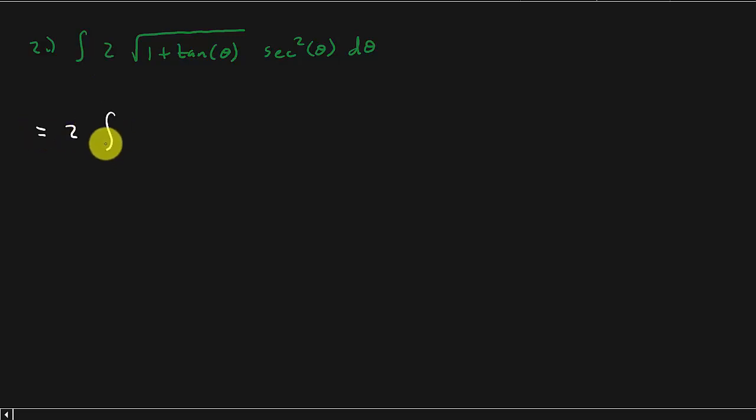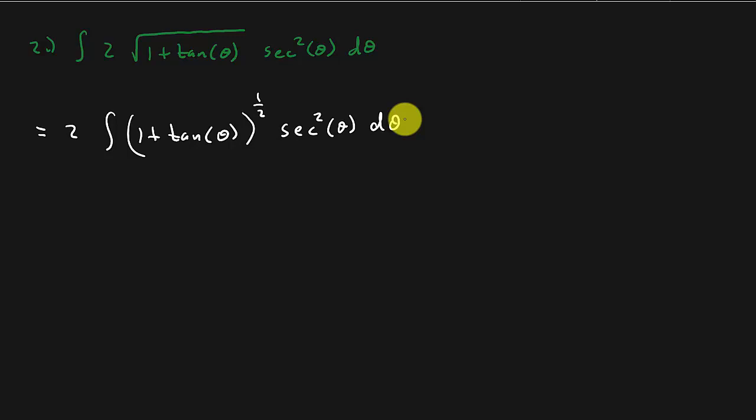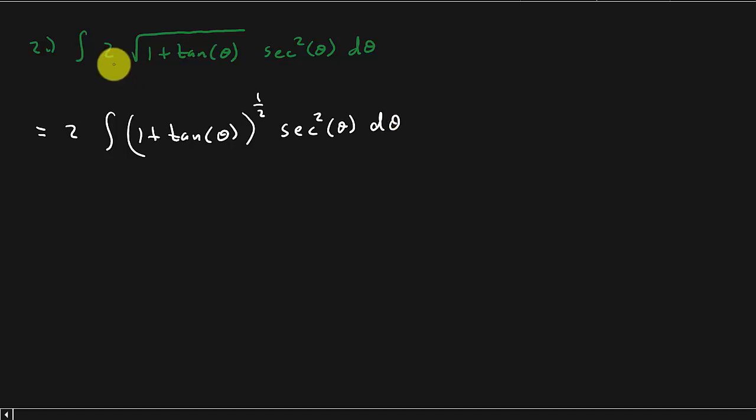I'm going to bring the 2 out. And I'm going to write this as 1 plus tangent theta, in parentheses to the 1/2, and then I've got secant squared theta d theta. Now, hopefully you remember in previous videos I explained why I pulled the number out.